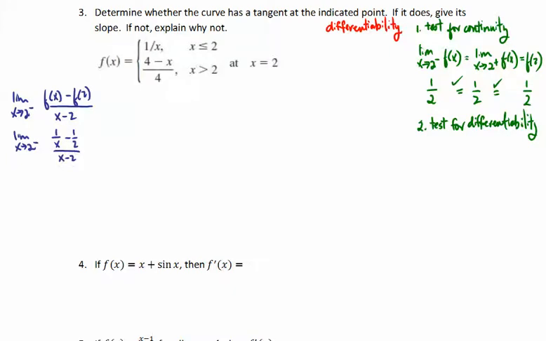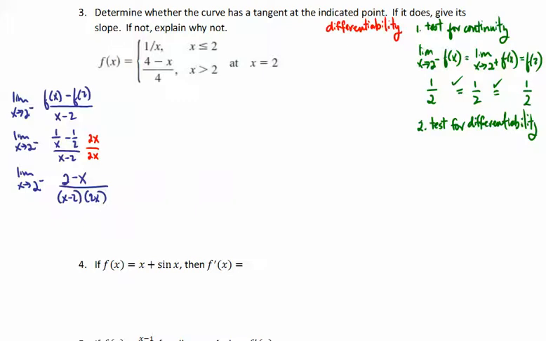Now we have this complex fraction, so we're going to multiply by the common denominator in the numerator, and that would be 2x over 2x. When I multiply that out, I'm going to get 2 minus x over x minus 2 times 2x.